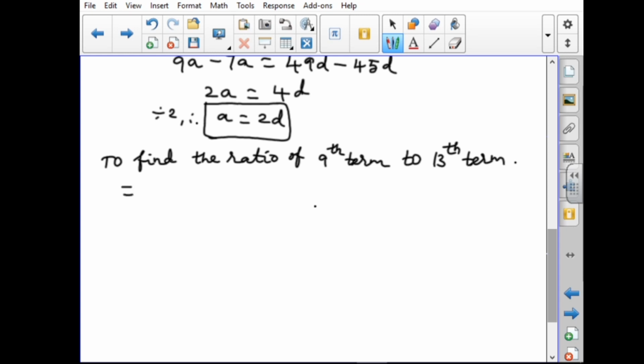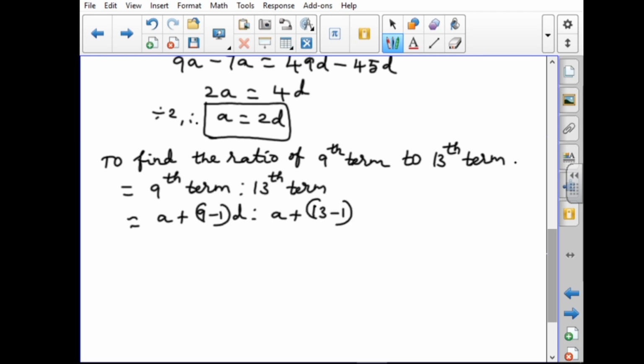So what to write? 9th term is to 13th term. 9th term means we have to write like this: N is here 9. So you have to write A plus 9 minus 1 into D is to here A plus, N is 13, so 13 minus 1 into D. So A plus 8D is to A plus 12D.